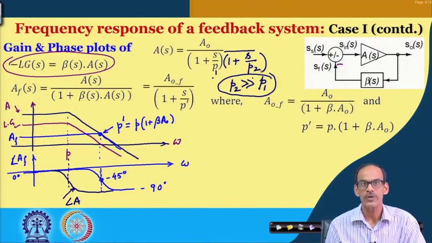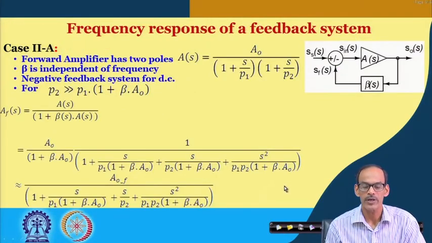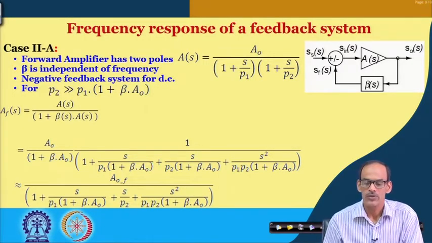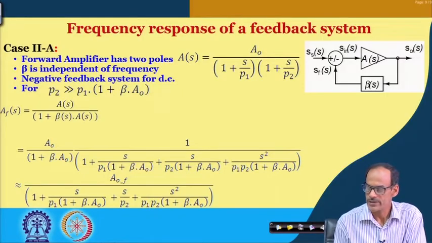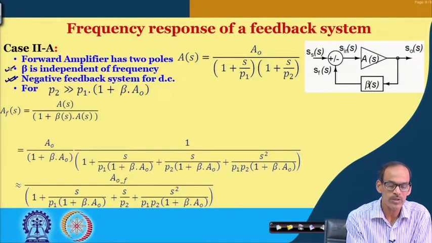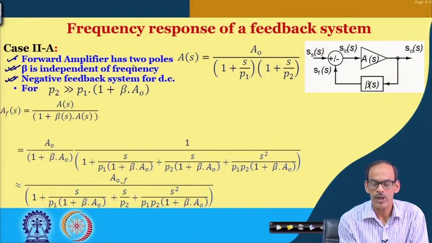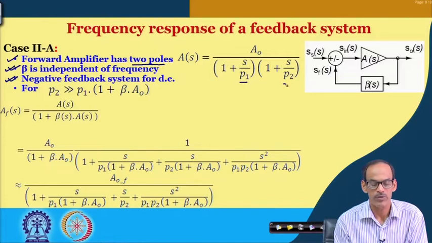Okay. So, in the next case, let me consider A having two poles, namely P 1 and P 2, and then we can see the corresponding location of the poles of the feedback system. So, here again we consider a negative feedback system in DC condition, beta remaining independent of frequency, and the forward amplifier has two poles P 1 and P 2.